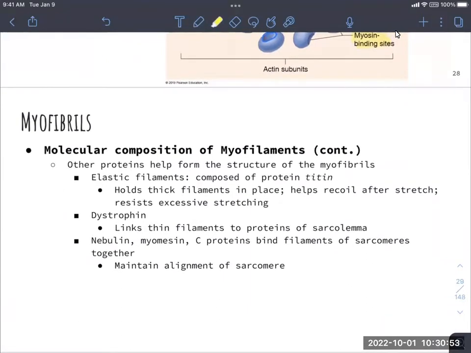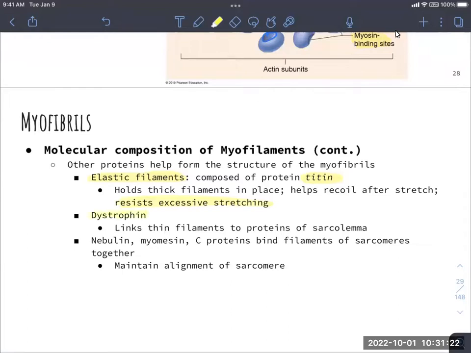Of course, we have our elastic filaments. As I showed in that picture above, those yellow at the end of the myosin are made of titin. That titin helps return muscles back to their normal length after being stretched, and it helps to prevent excessive stretching. We don't want to stretch our muscles too far because that could cause your muscle to actually tear.